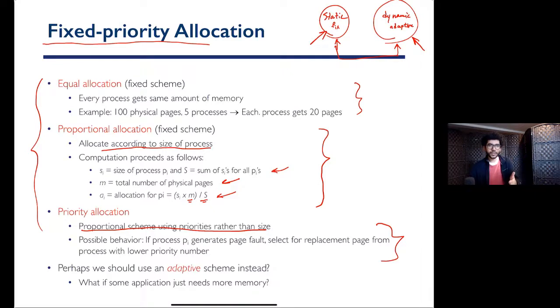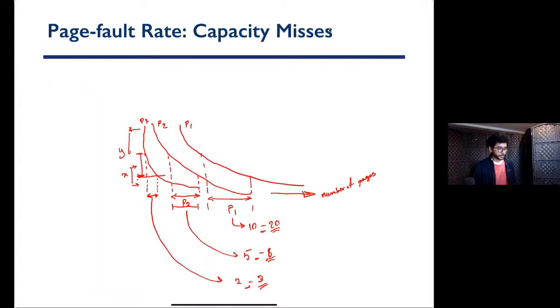With adaptive, you allow priorities to change, and as the priorities change, you change the allocations, right? So fixed priority is an allocation mechanism. You can implement it statically, or you can implement it dynamically or adaptively. I hope I didn't confuse you even further. Okay.